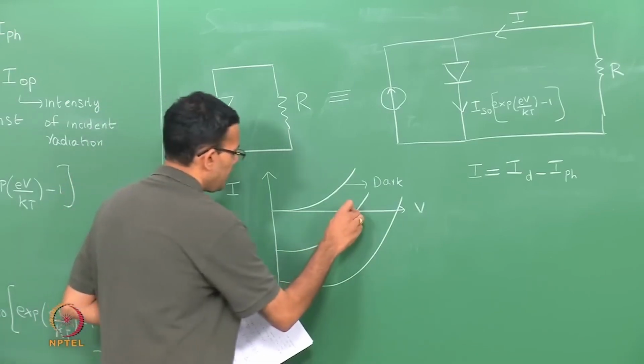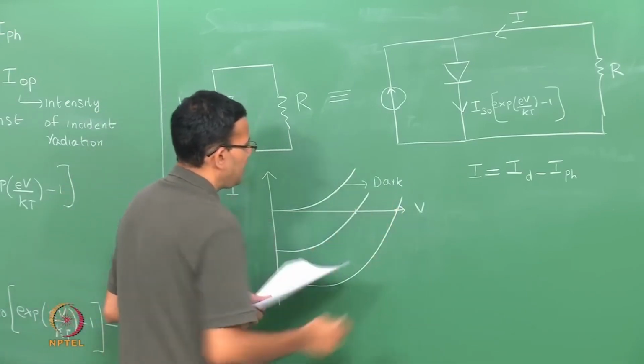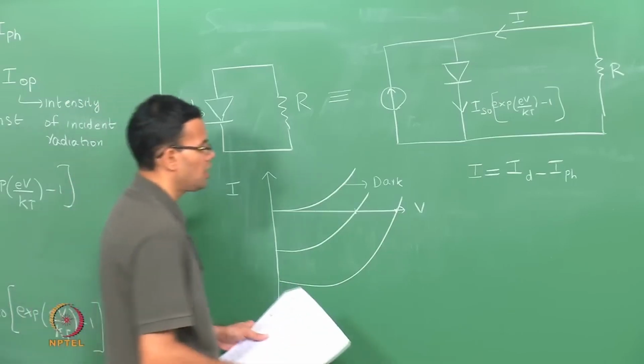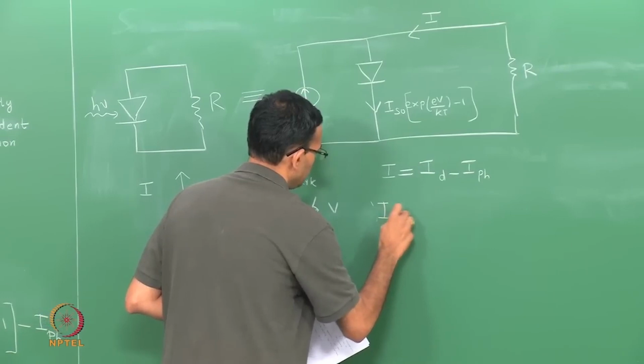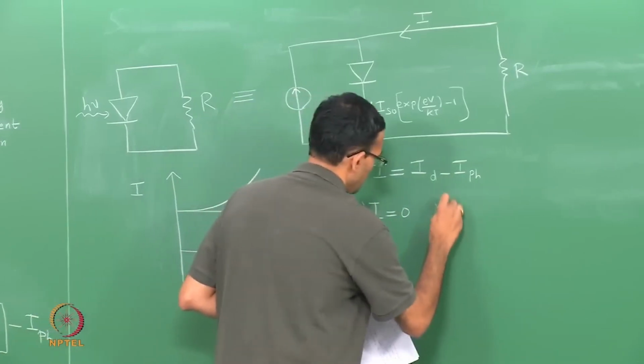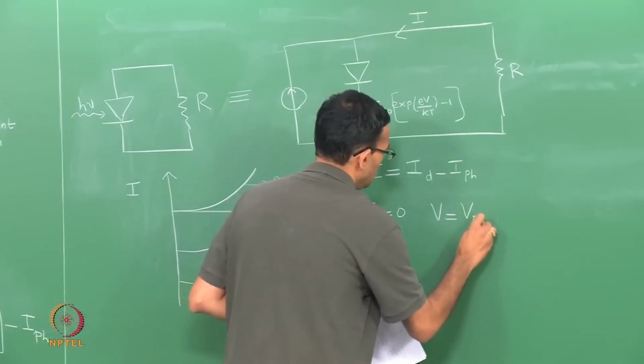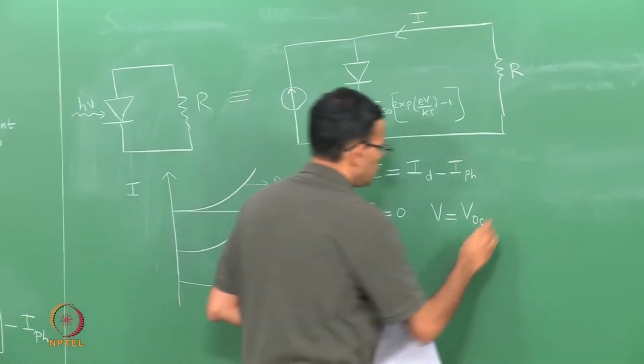So in this particular case, we can calculate the voltage at which current is 0. So when current I is equal to 0, the voltage is called your open circuit voltage.